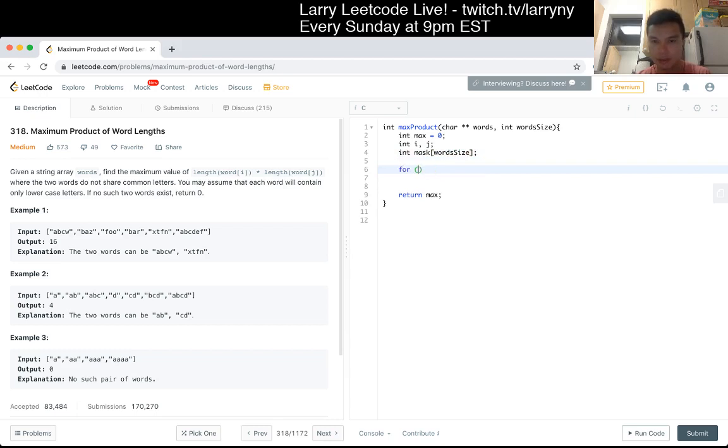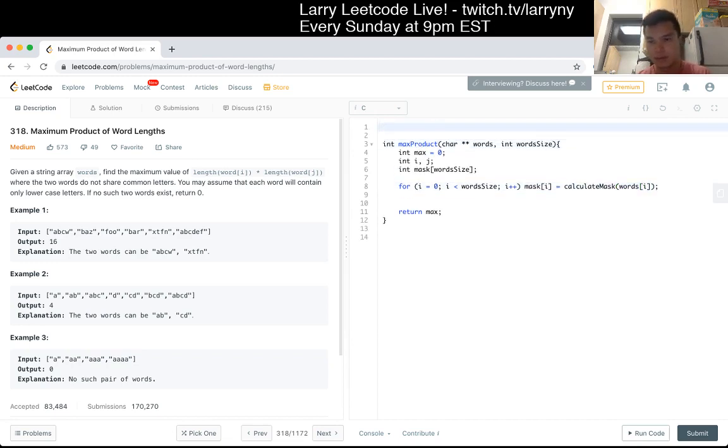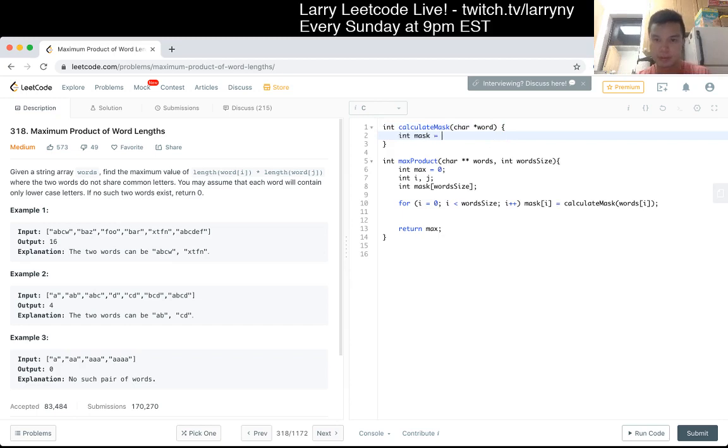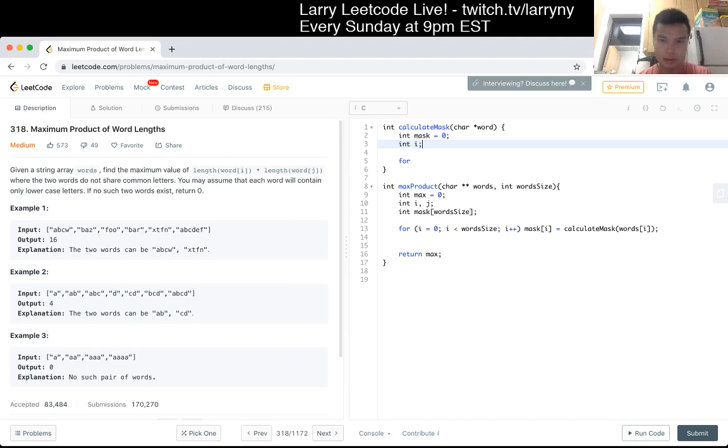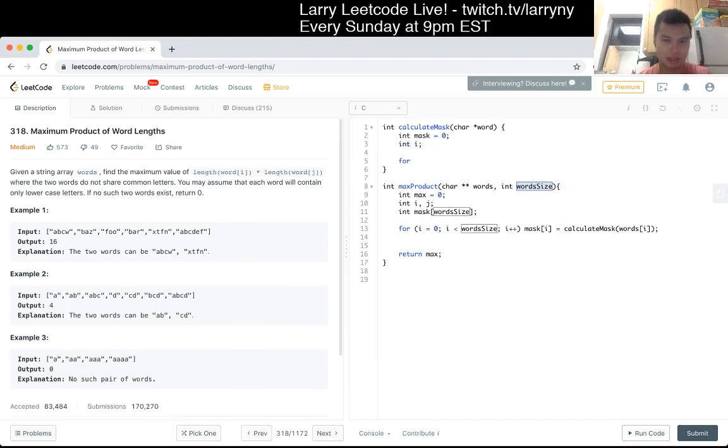Can I do this? Maybe I could just put it here. What is this word size? It's very confusing what this input is actually.